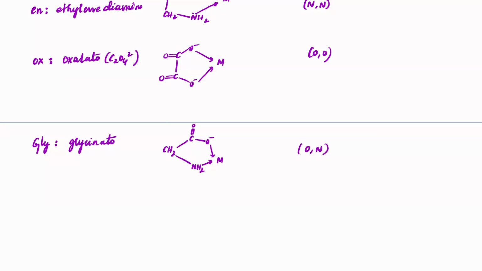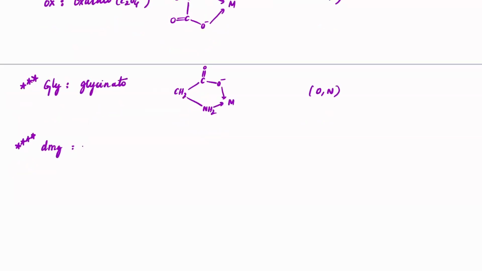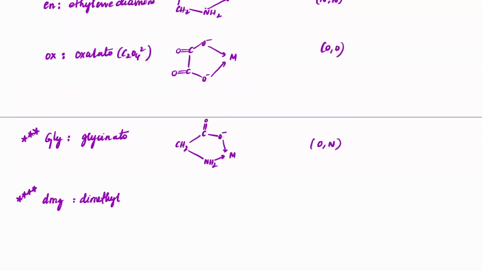This is glycinato. Next one is DMG, the most important one. In fact, both of these are very frequently asked, but please do remember DMG is the one which will be asked a lot of times. So dimethyl glyoxymeto.